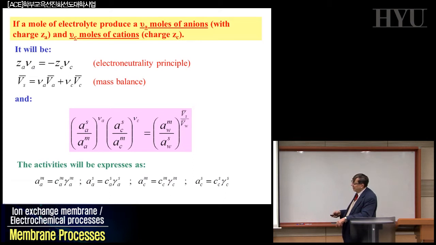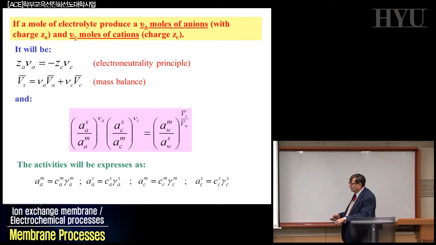But we learned already that the activity is equal to the concentration, with only a deviation from the equality, which you can express through the activity coefficient. So you don't know normally the activity. What you know when you prepare your solution is the concentration.